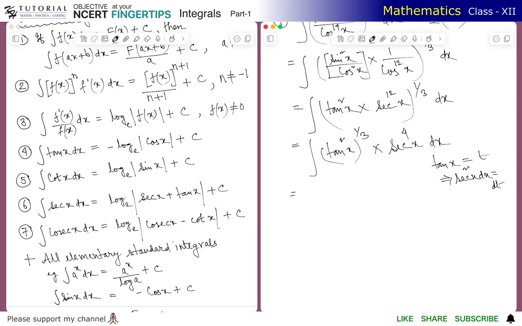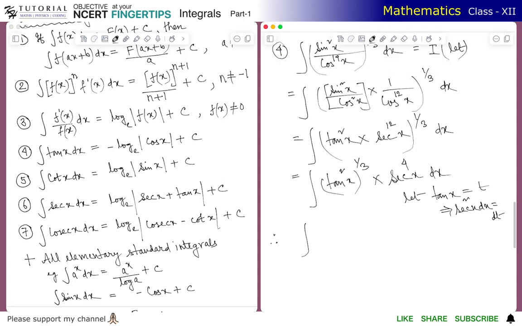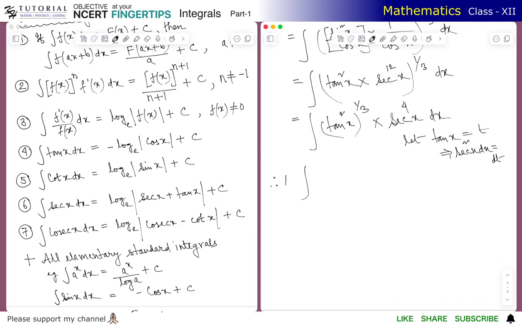Okay, so the integral becomes, let tan x equals t. So we get tan square x as t square, and sec square x dx equals dt.